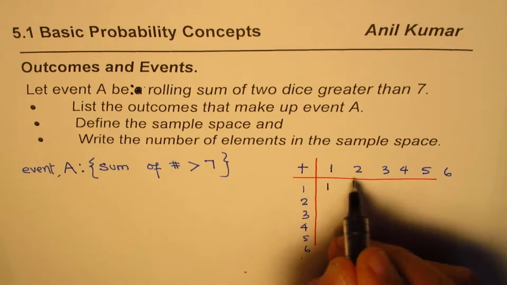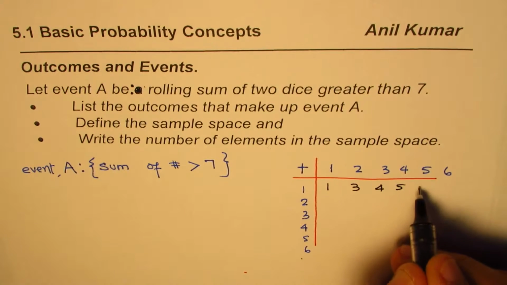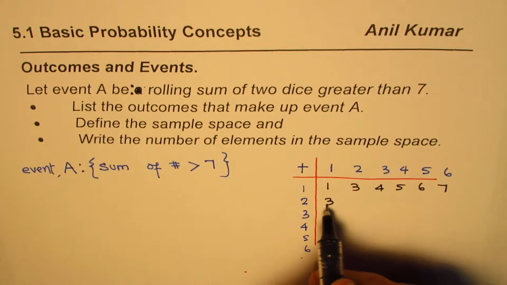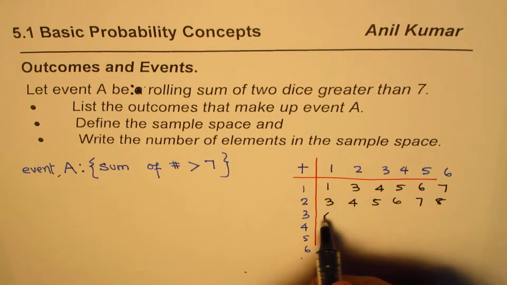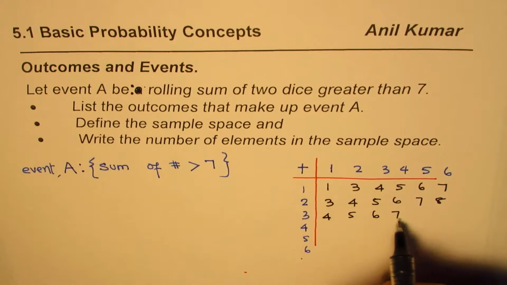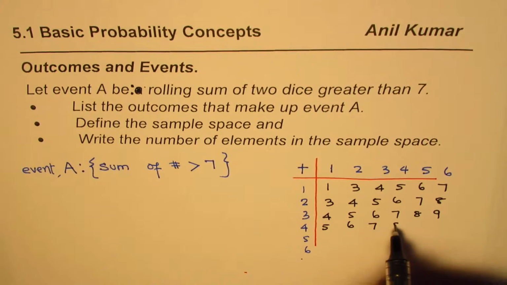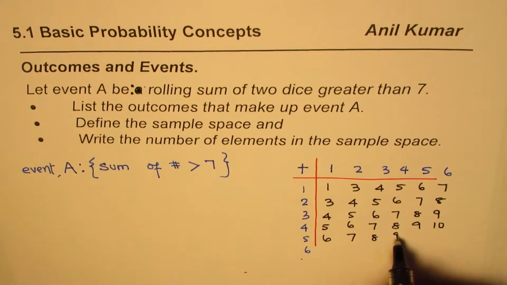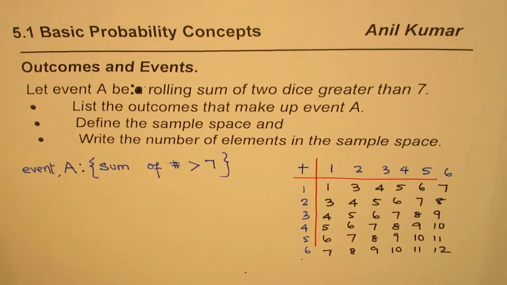1 plus 1 is 2, 1 plus 2 is 3, 1 plus 3 is 4, we can write down these numbers, adding 1 to the number above, correct? Now you can add 2, so 2 plus 1 is 3, then we get 3, 4, 5, 6, 7, 8. 3 plus 1 is 4, 5, 6, 7, 8, 9. 4 plus 1 is 5, 6, 7, 8, 9 and 10. 5 plus 1 is 6, 7, 8, 9, 10, 11, and with 6 we get 7, 8, 9, 10, 11 and 12.